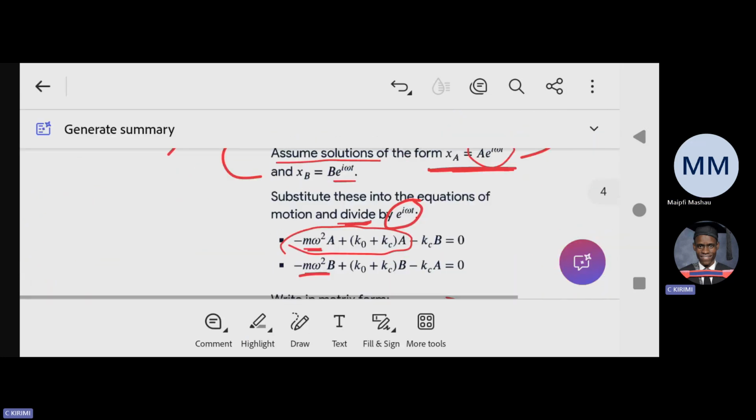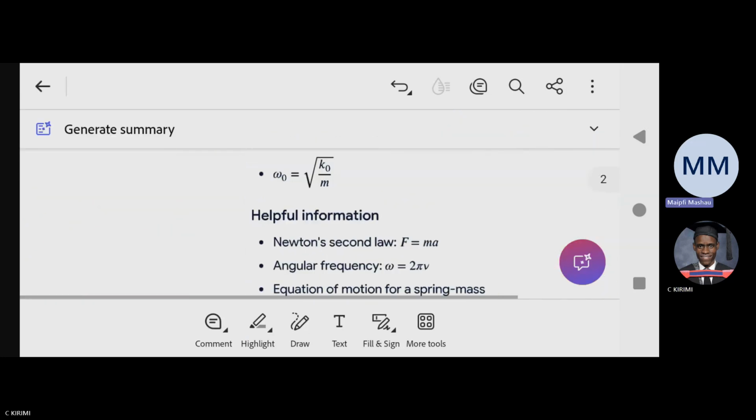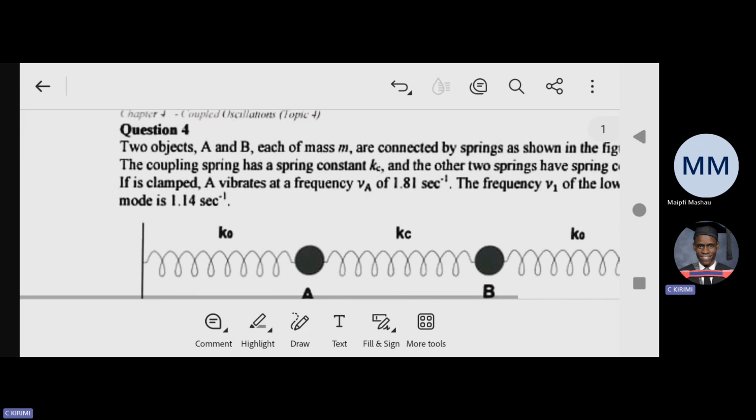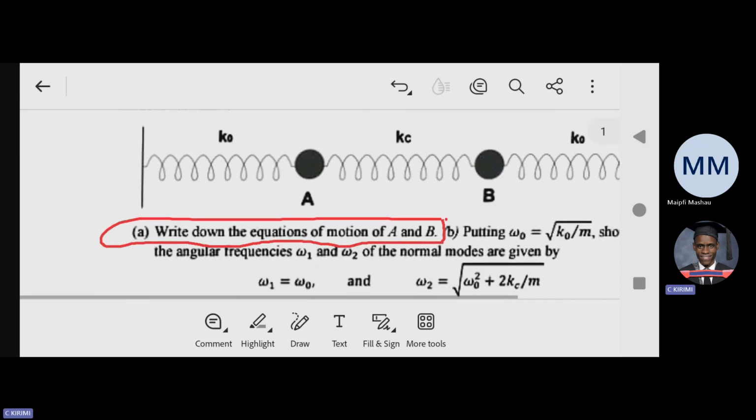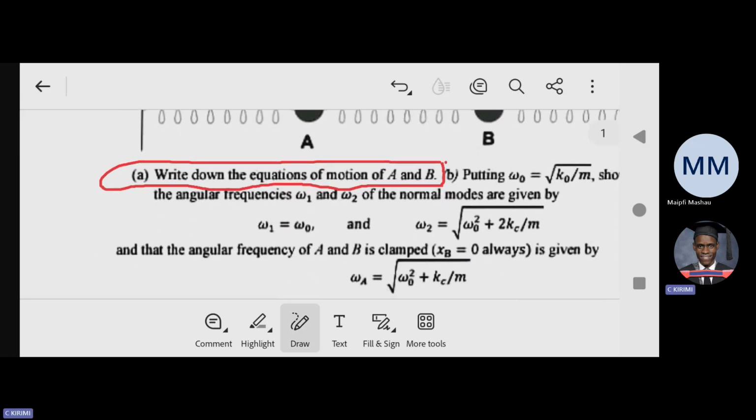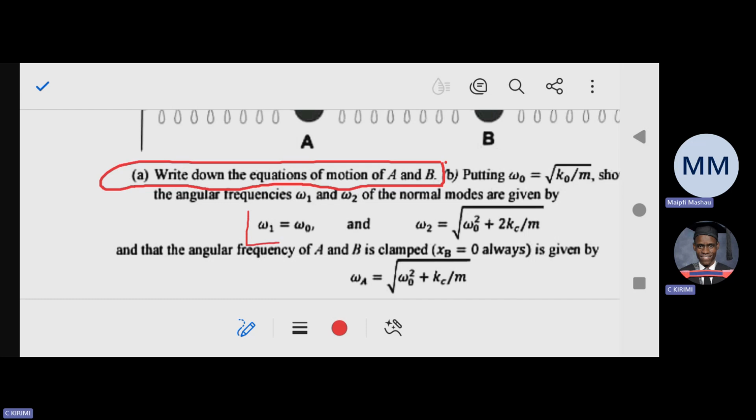...that W1, let me show you. In our question, we have been told that W1 is equal to what? The first root must be equal to W1 naught.